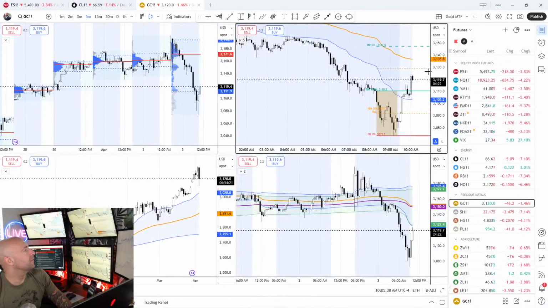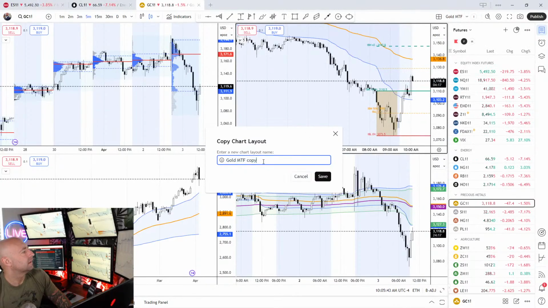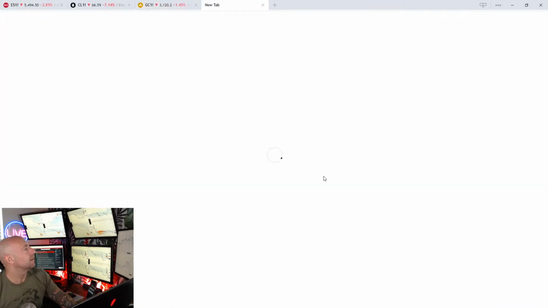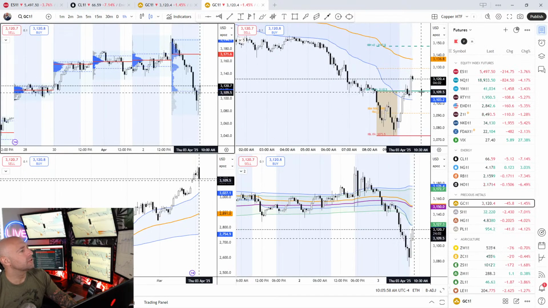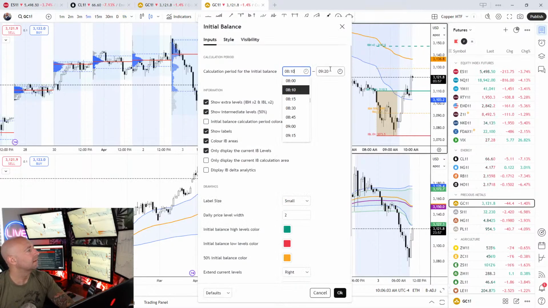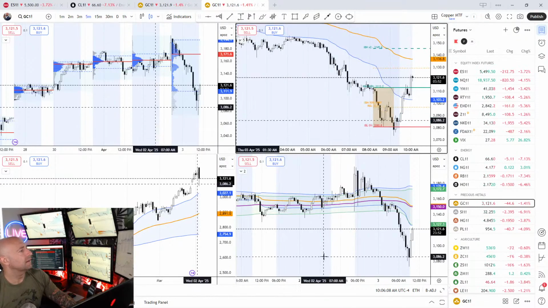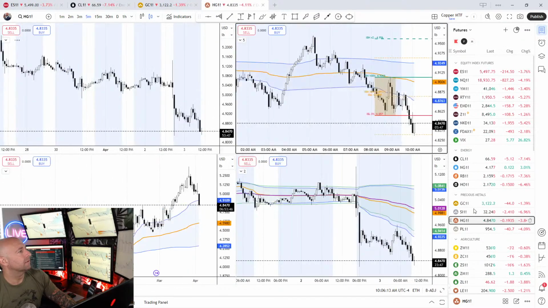So I'm going to do a separate one for silver now. So I'm going to make a copy of this. Actually, I'll do copper first because I have copper first on my thing. So the initial balance on copper is 8:10 to 9:10. Change this to copper.